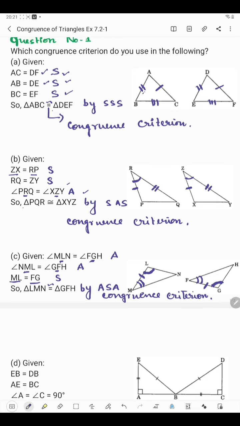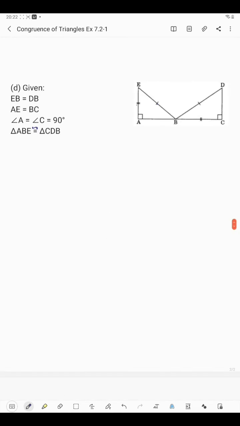Now coming to part D. In part D we have side EB is equal to DB. Just check the figure here, this symbol and this symbol are the same, that means side EB is equal to side DB, which is given to us.